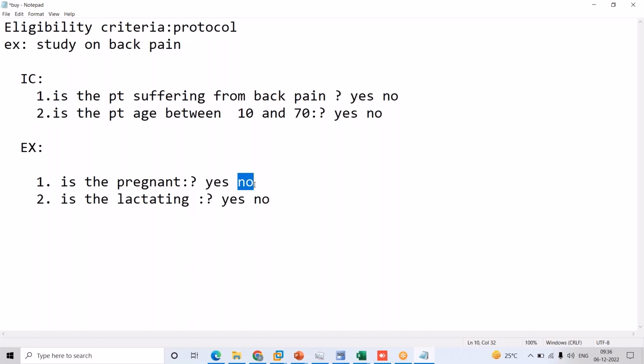Most of the time, inclusion should be yes, exclusion should be no. So if inclusion is no, or exclusion is selected yes, we will not recruit that particular subject. The entire inclusion exclusion will be given in the protocol. Your protocol will define this. And this will be collected on the CRF also, case report forms.